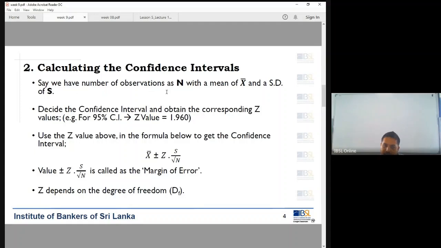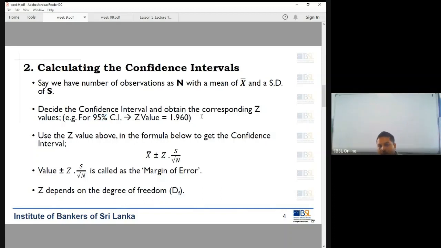So we have the number of observations as capital N with a mean of X bar and a standard deviation of capital S. First, we have to decide the confidence interval level, for example 95% or 99% or 97%, for our final conclusion. If I take 95% and the next time I take 99%, will my value differ? Of course, it is going to differ, because I have changed the confidence interval level.